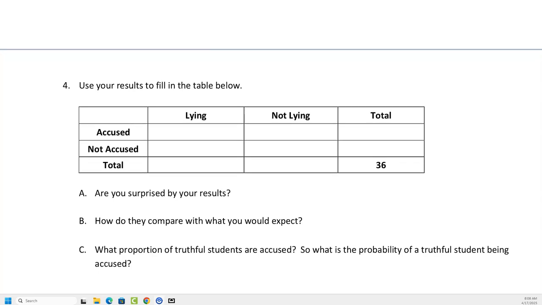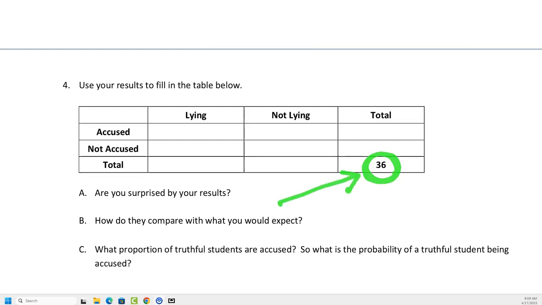So we're going to fill in this table. We do know that we did it 36 times, so that's why there's a 36 down here. So now what I want to do is go up and figure out some of the things that I know.